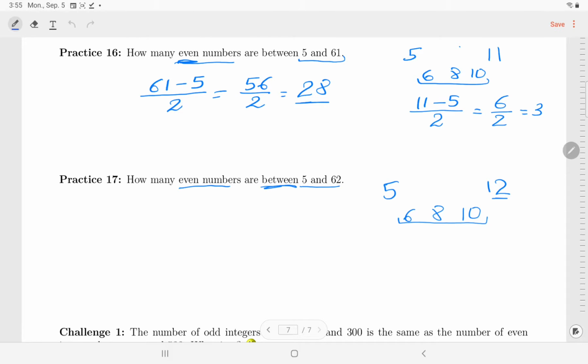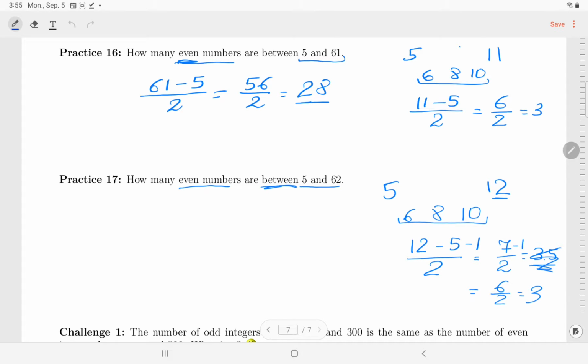So how do we do that? If we do 12 minus 5 divided by 2, we get 7 over 2, which is 3.5. This cannot be our answer. So in this case, we have to subtract 1. And we get 6 over 2.